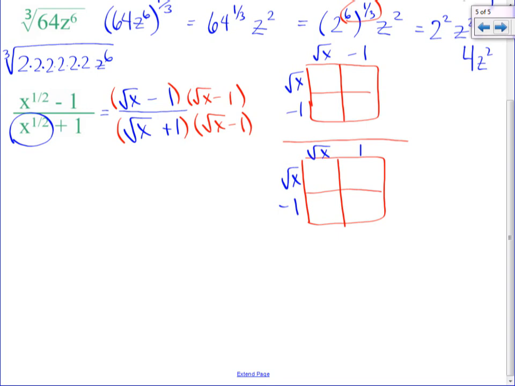All right, so right here, what's square root of x times square root of x? And we just get x. Here we get minus square root of x, minus square root of x, and positive 1. Okay, on the bottom, we'll get x, square root of x, minus square root of x, and negative 1.